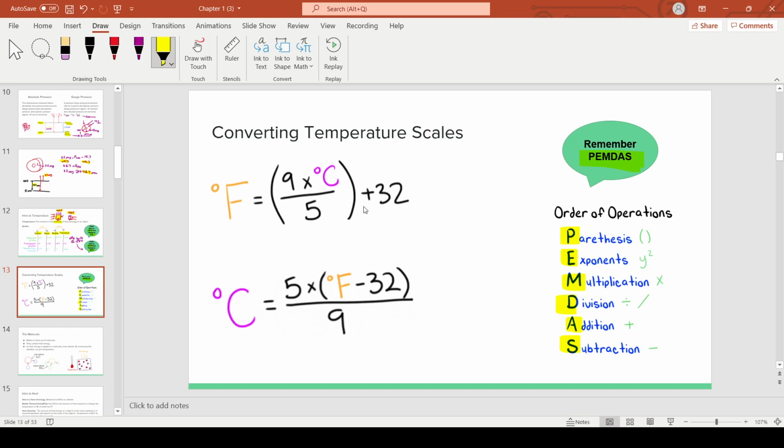Parentheses, so you're not going to add this 5 plus 32, or you're not going to do 5 times degrees Fahrenheit minus 32. You're going to do degrees Fahrenheit minus 32, and then multiply that answer by 5, okay? Easy peasy, lemon squeezy. Let's do a couple little examples here.